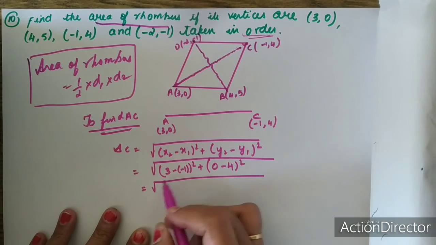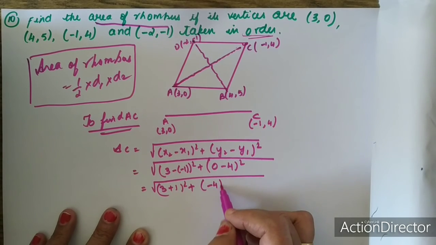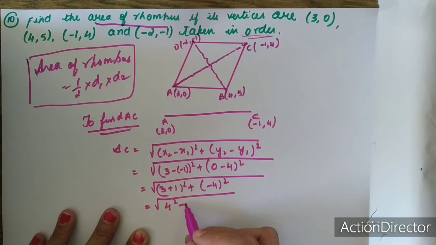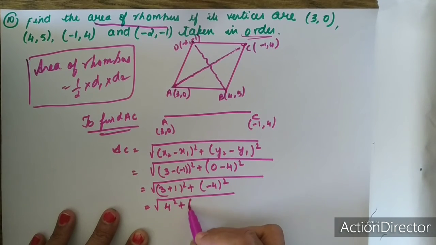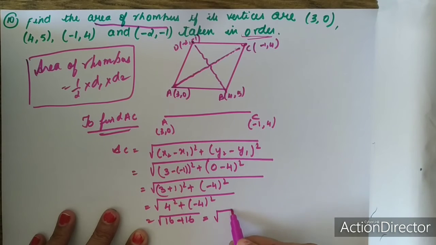This is equal to under root of (3 plus 1) whole square plus (-4) whole square, which is equal to root of 16 plus 16, which is equal to root 32.